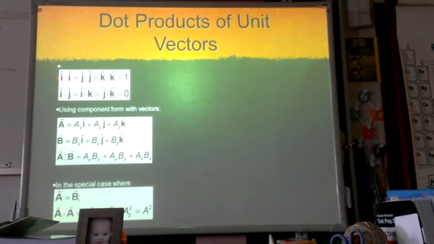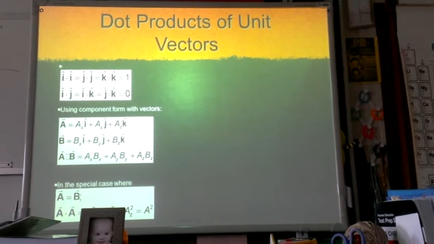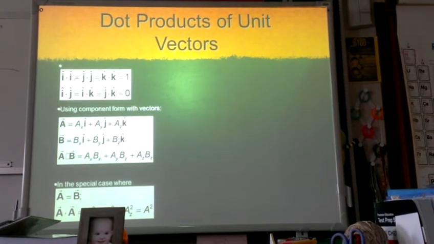Okay, let's think about this in terms of unit vectors. If I have I roof dot I roof, or J roof dot J roof, or the scalar product between two K roofs, all of those are equal to 1. Versus if I have I dot J or I dot K or J dot K, what does that mean?